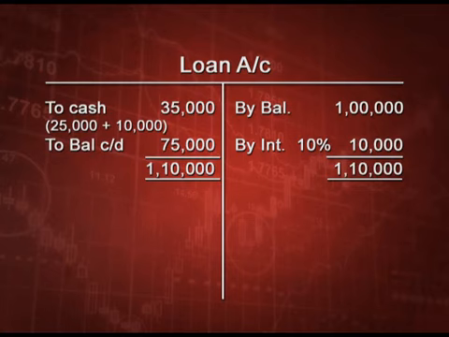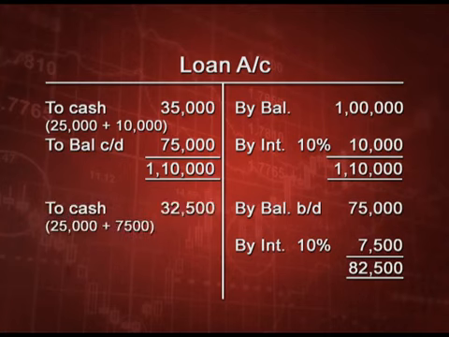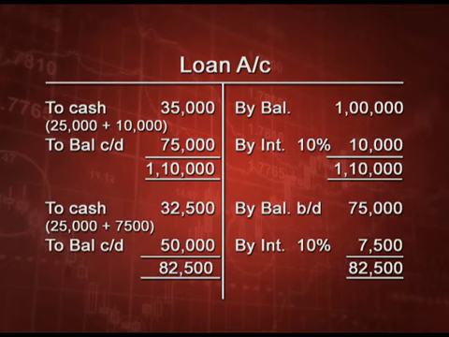In the next year, we will calculate interest on 75,000, 10% of 75,000, which makes it 7,500 rupees. And now, when you pay the money, that is 25,000 plus 7,500, which makes it 32,500 rupees, and the balance now becomes 50,000.